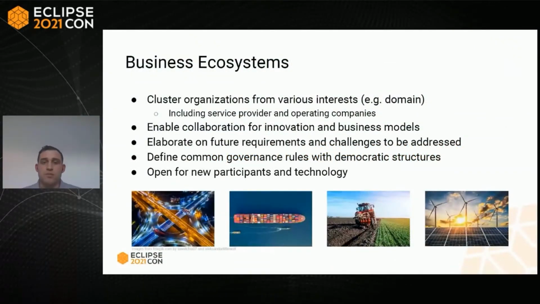Business ecosystems and networks more or less can be seen as clusters. Different organizations come together, but not on a specific use case, more on a broader level. For example, a specific domain can be seen as an ecosystem. This could be mobility as an example. This could be maritime, agriculture or energy, all the domains that you might think of.